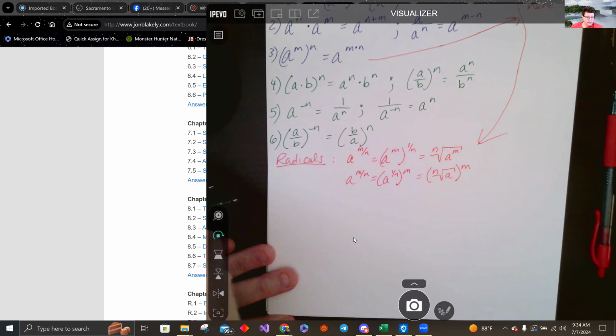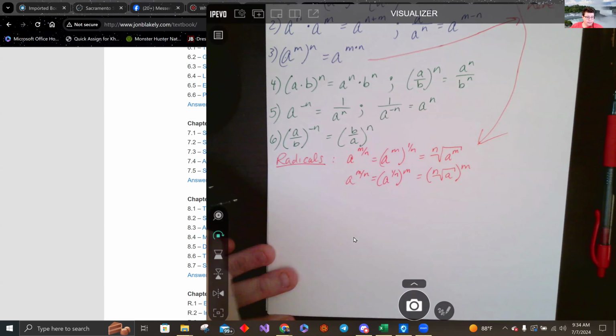All right, so this is much easier if we do a prime factorization of 32. So 32 is 8 times 4.